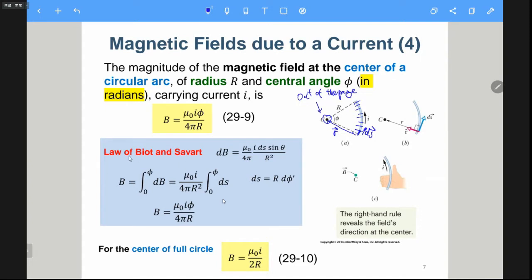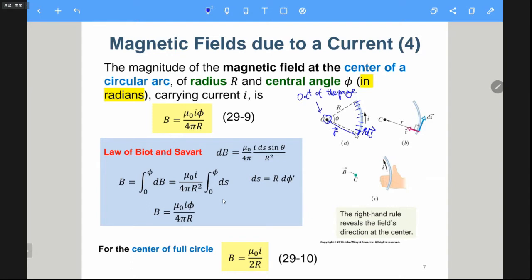Okay, so the derivation here is like we have the Biot-Savart law here, dB equals this term. And then, of course, sine of theta is 1 because for this case, ds is always the tangent line of the circle or the circular arc, which is always perpendicular to the radius.